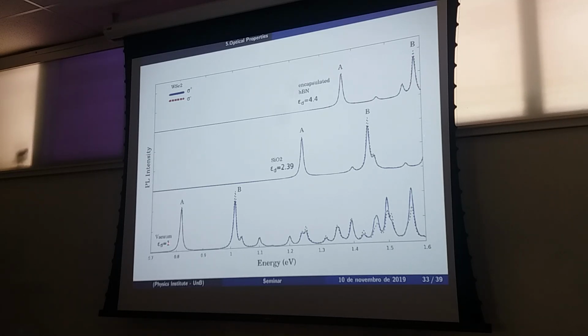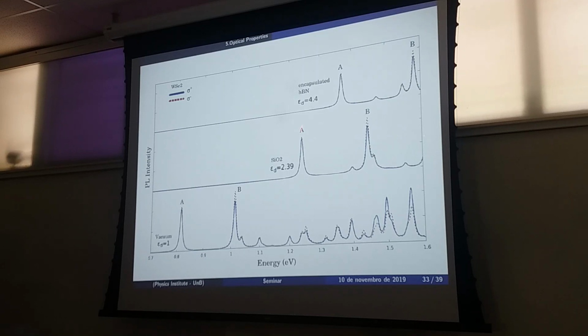In my calculation I only change this value, the dielectric constant epsilon zero, that's our screening, and this changes the peak position here. That's good to see, because when you see experimental data, people report different values of exciton binding energy. Probably it happened because of the substrate that they put under the material. So it can help us explain experimental results.